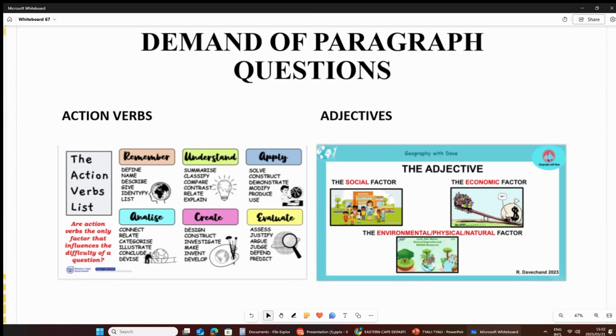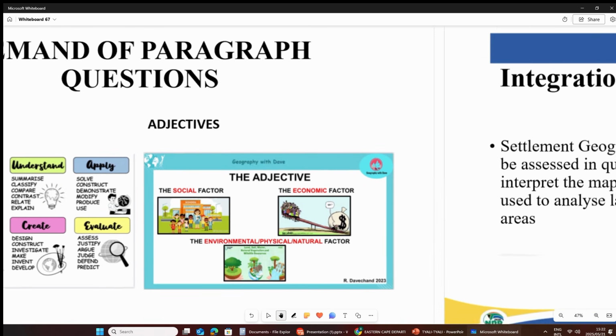Livestock falls under economy because we can sell livestock. So under the environmental, physical, natural, we are only talking about the natural vegetation, the wild animals, the habitats of these animals, as well as the dams and the rivers.